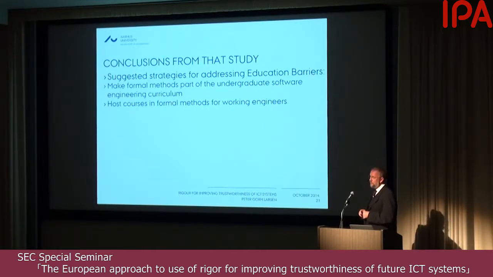This is a difficult thing to change because you need to have champions at these different universities who are interested in giving such courses. They also try to host courses in formal methods for working engineers. I believe something similar is happening here in Japan, and I think that's very positive.